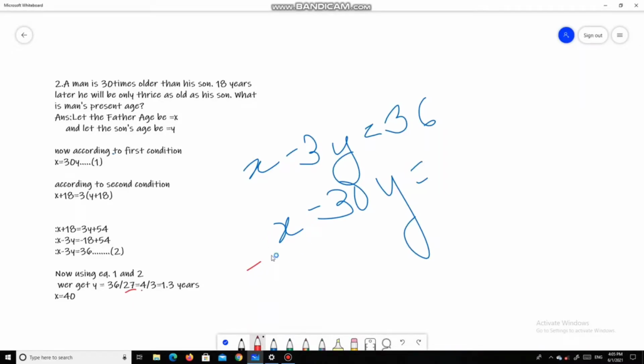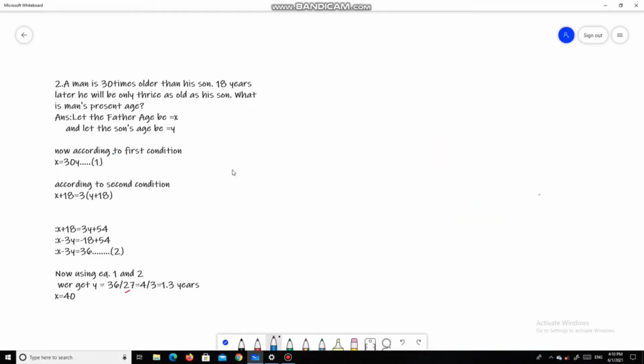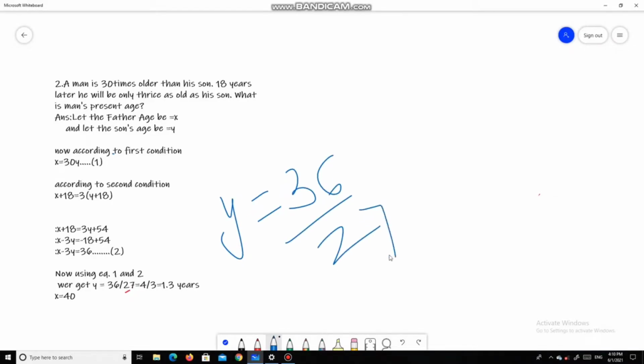This was positive, I made it negative. This was negative, I made it positive. This x cancels with the other x, and now 30 minus 3 is equal to 27, so positive 27y is equal to 36. So did you understand how this equation came? y is equal to 36 upon 27.